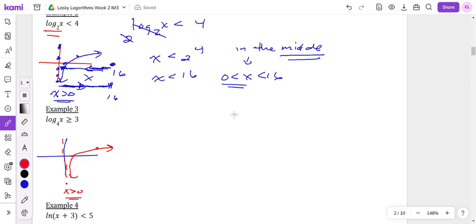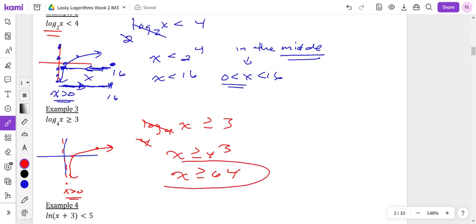So I know I'm looking for anything greater than 0. So log base 4 of x is greater than 3 for x is greater than 4 to the 3rd power. x is greater than or equal to 64. Is that going to be stopped by this at all? No, so that's my answer.